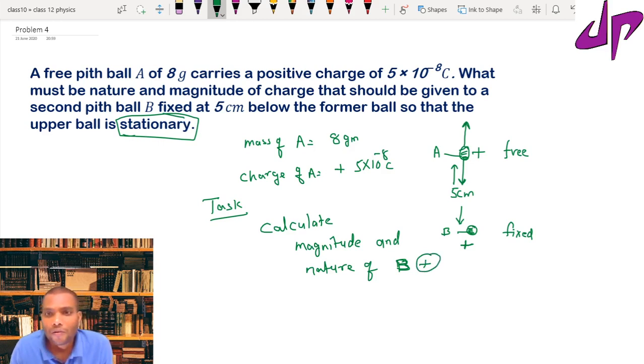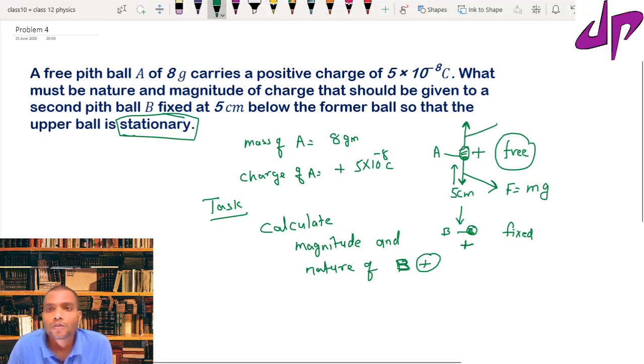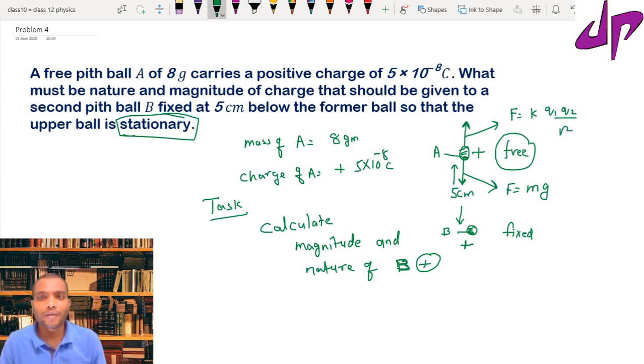And where is the downward force? Since it's free, it's falling, the downward force equals gravity force. So here the downward force F equal to mg, mass times gravity. Now the upward force is Coulomb's force, F equal to K times Q1 Q2 by R square.